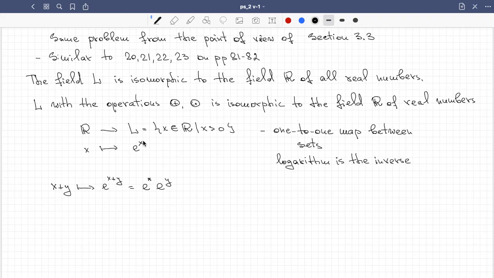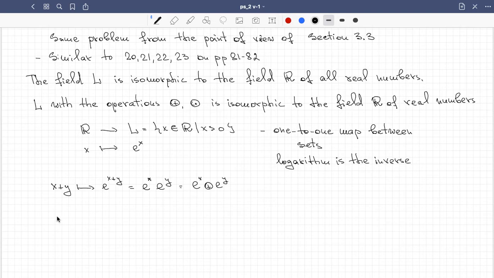This is the operation of addition. So this is e to the x plus e to the y. This is where sum is taken to sum. So we relabeled real numbers with this symbol e to the x. Then the sum becomes the product of two real numbers. You see? How does it work?